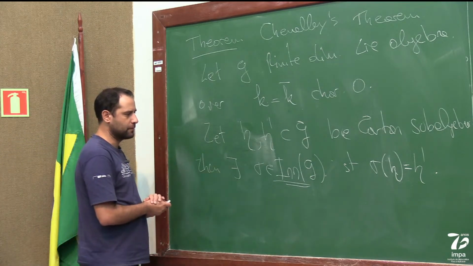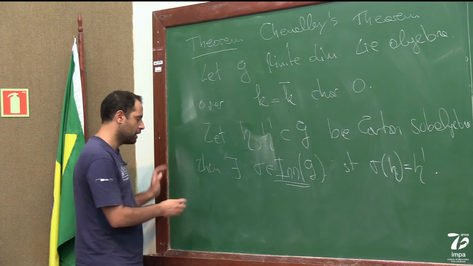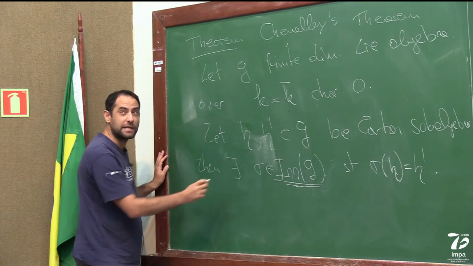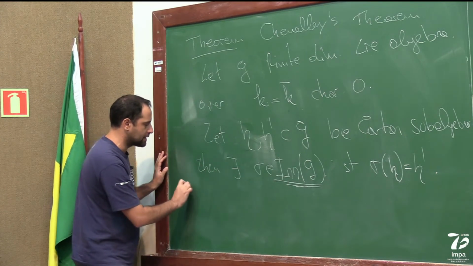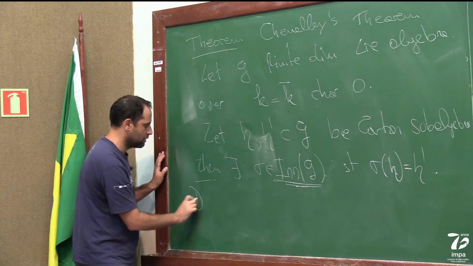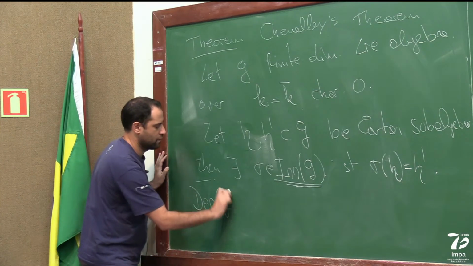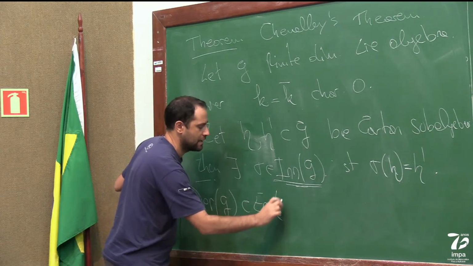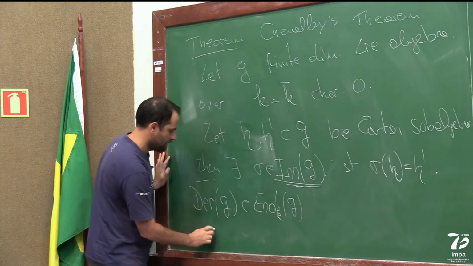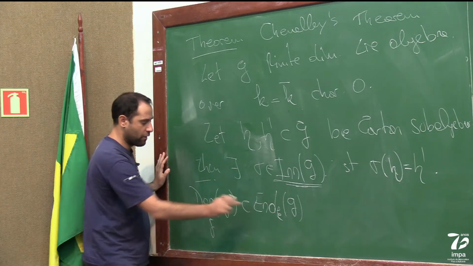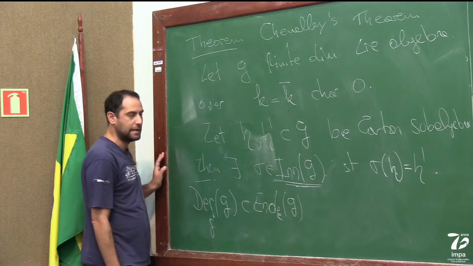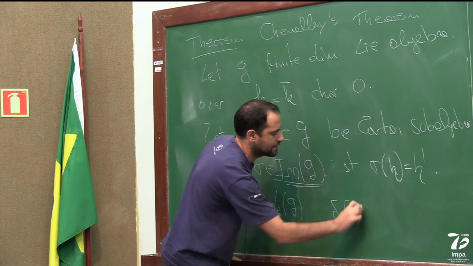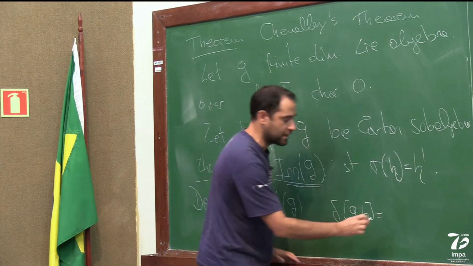All right. So the first thing to notice is the following. I need to tell you what this inner automorphism is, and this is going to take some time. So the first thing is what the derivations of the Lie algebra are. This is just a subset of the linear endomorphisms of G. A derivation is an endomorphism delta of G satisfying that delta of the bracket satisfies the Leibniz rule.